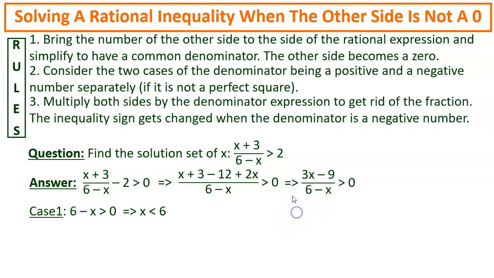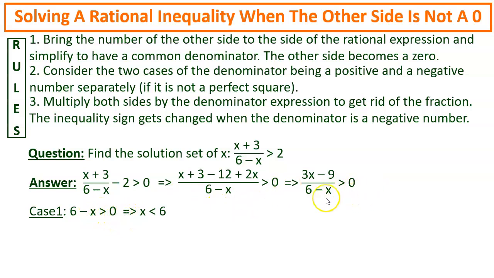Okay. So multiply, rule number 3 says multiply both sides by the denominator expression to get rid of the fraction. The inequality sign gets changed when the denominator is a negative number, but in our case, case 1, we have considered 6 minus x to be a positive number. It is greater than 0.